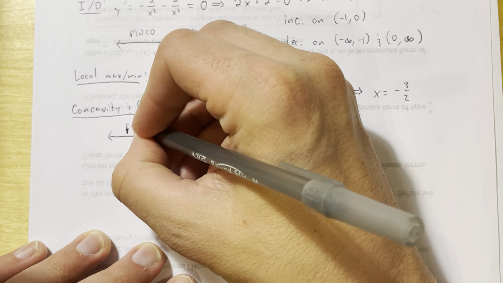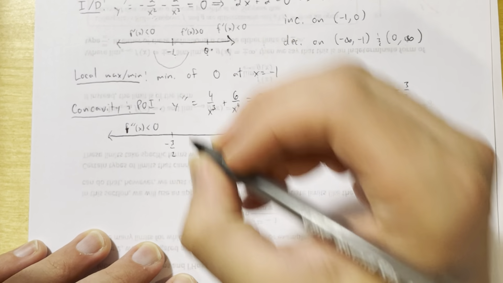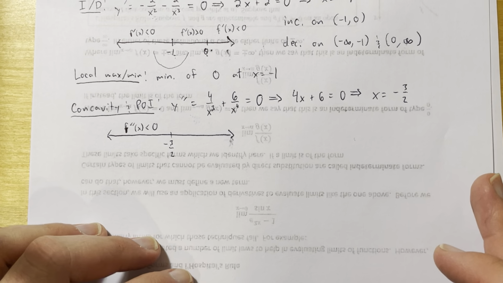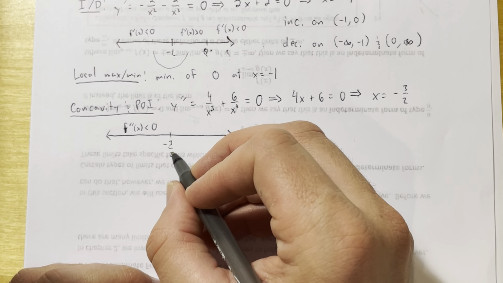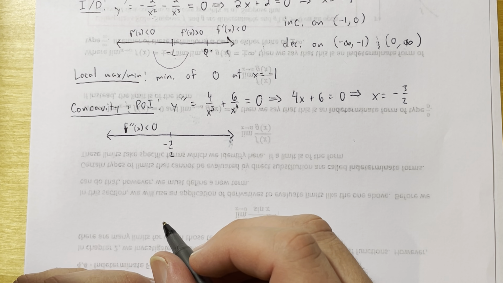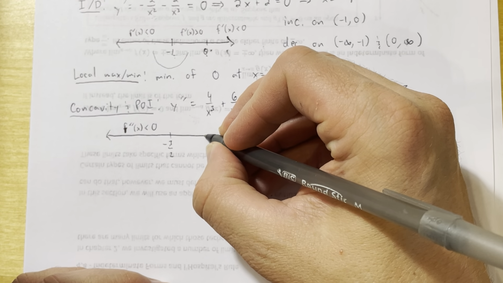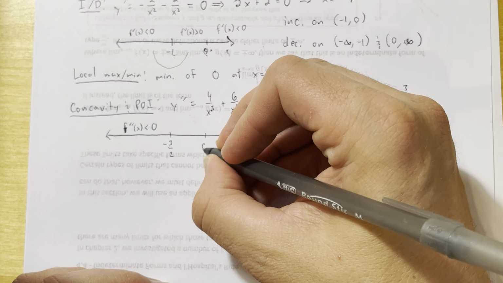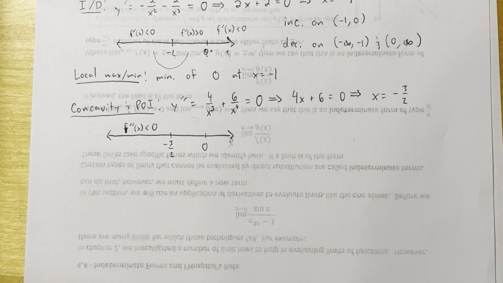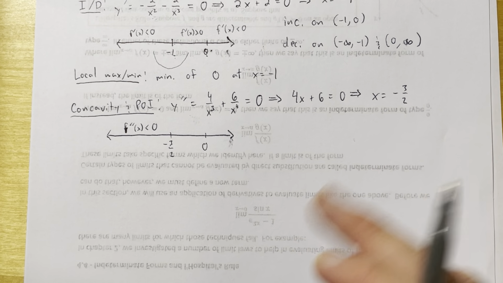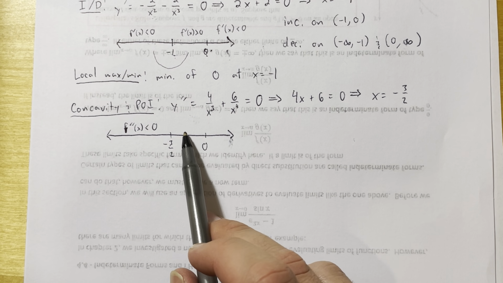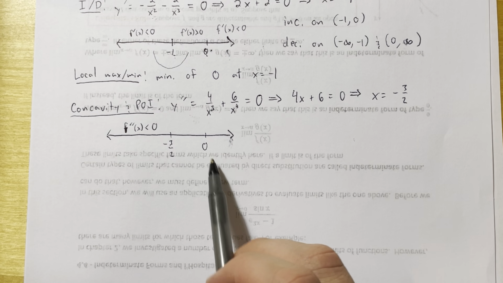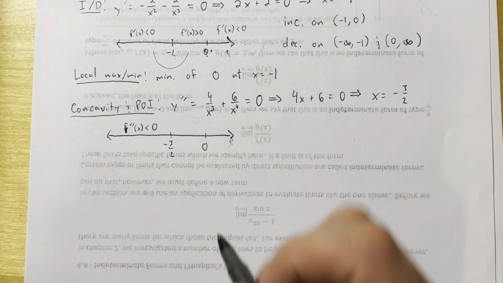F double prime of x is negative here. Again, you can do the arithmetic or the calculator work to verify that. If you plug in a number to the right of negative 3/2, and once again, like before, I also want to include 0 here, not because it's a potential point of inflection, but because it's a discontinuity, and specifically it's a vertical asymptote, and concavity can change across a vertical asymptote, so we have to make sure to include that.